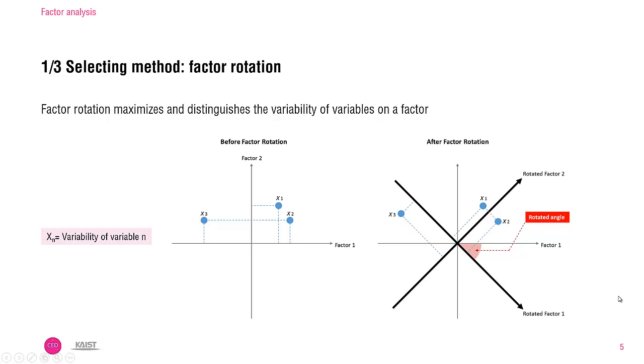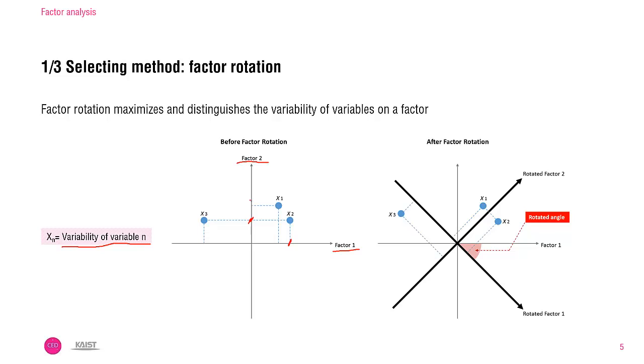Regarding the rotation, let me add some more explanation. This is all related to the first step, selecting the method. Initially, you have extracted the factors, and this is before the rotation. So the variability of a variable n has this value with regard to factor 1 and this value with regard to factor 2.